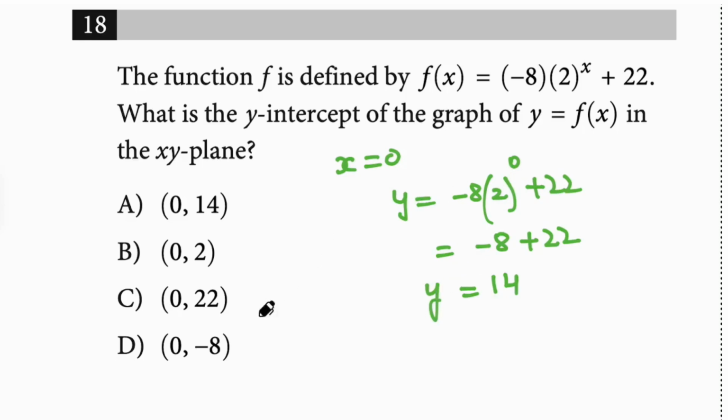If you think any number raised to power 0 is equal to 0, you will end up at 0, and C could be the right option for you. Now the concept is being checked here. Two concepts are checked. First, do you know what the y-intercept is? And second, do you know that any number raised to power 0 is actually 1? So negative 8 multiplied by 1 is negative 8, right?